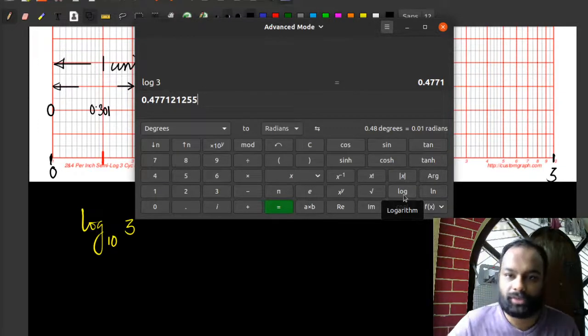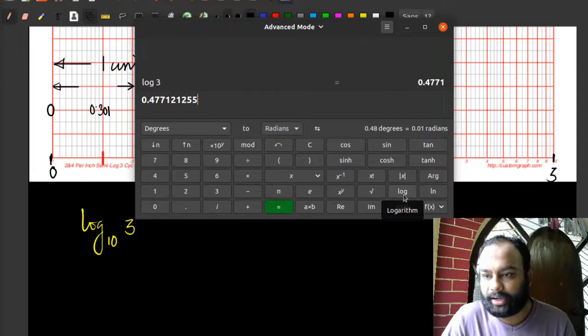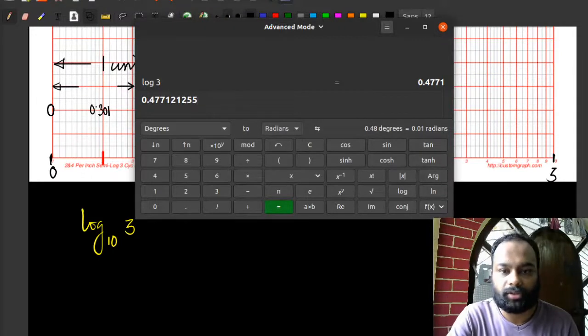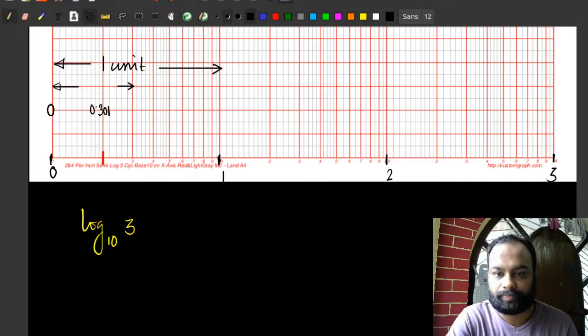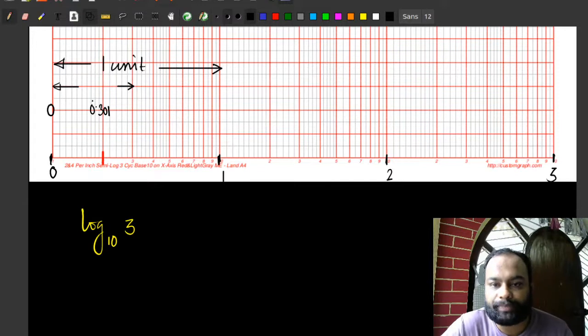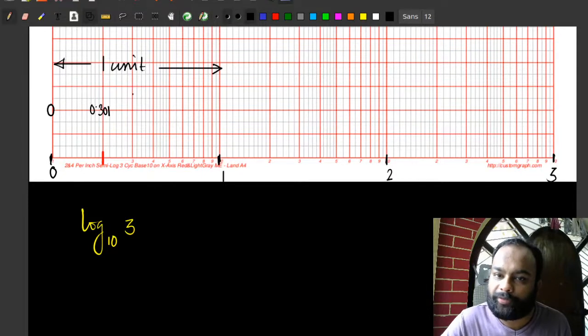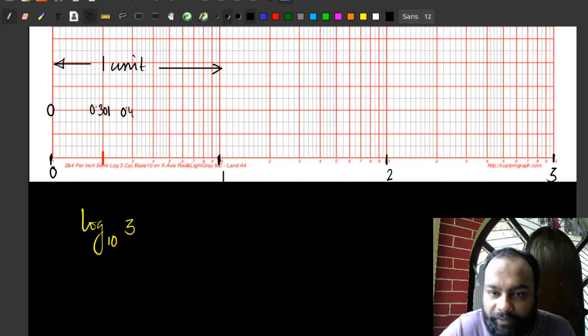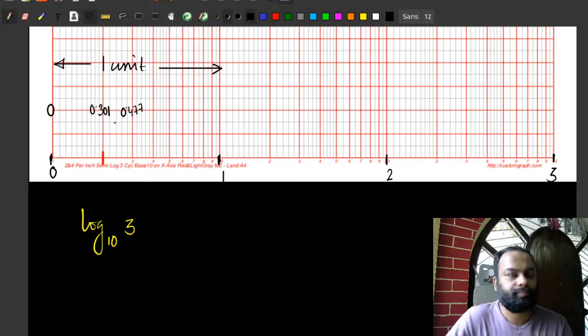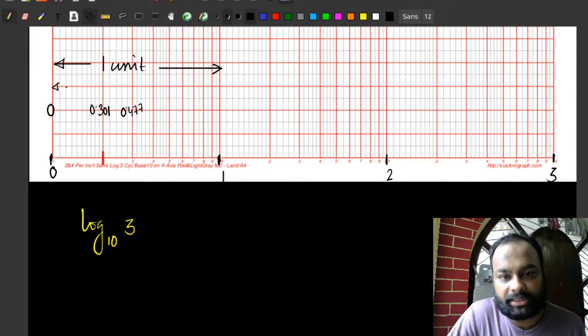All right, 0.477. No issues with that. So this length is 0.477. We calculated that. So if you take this scale and measure this, it would be 0.477. Got it?